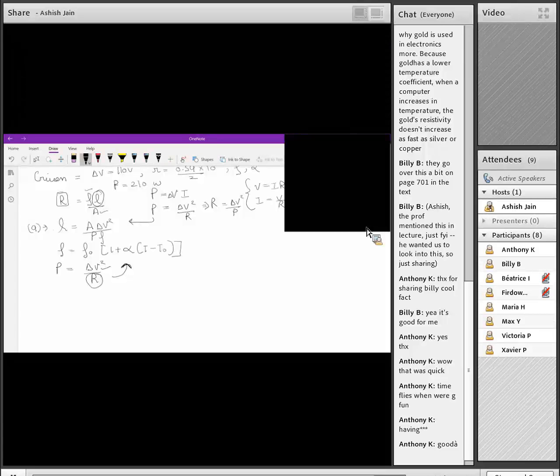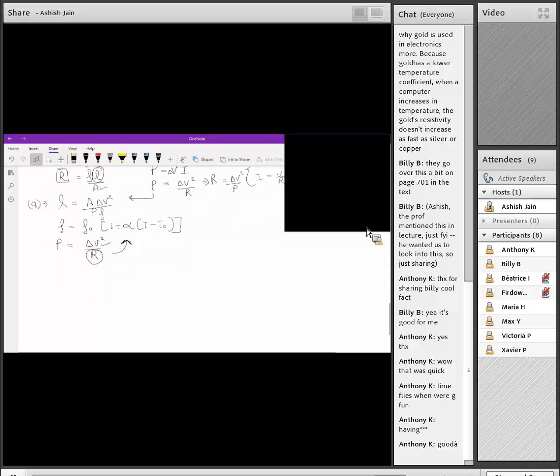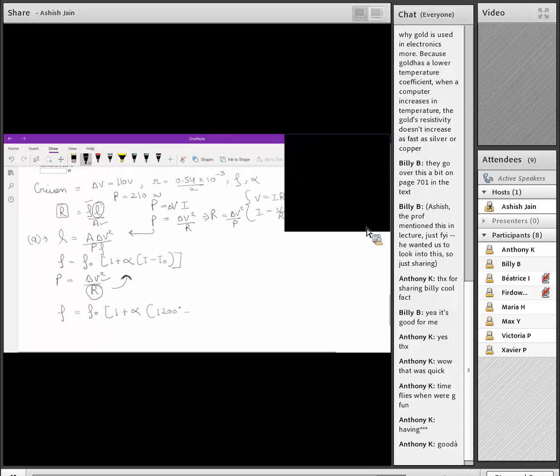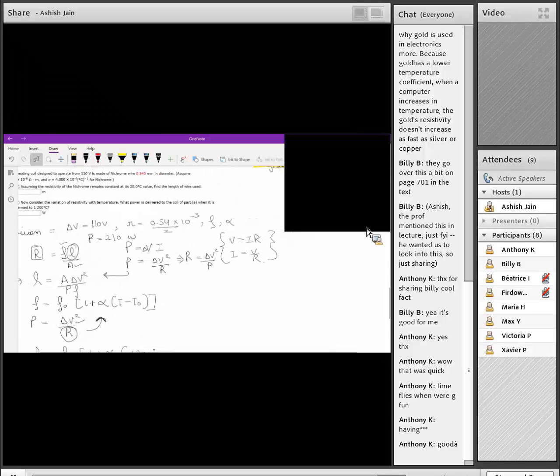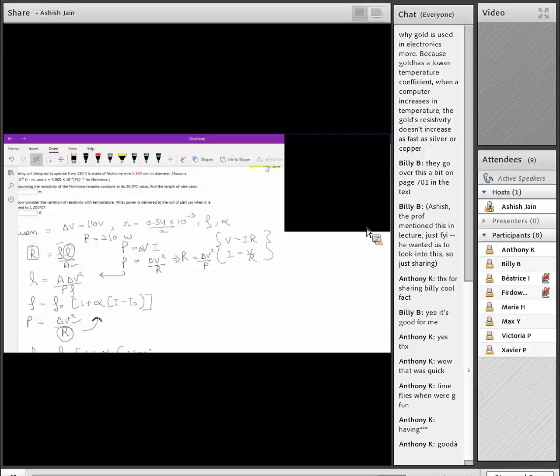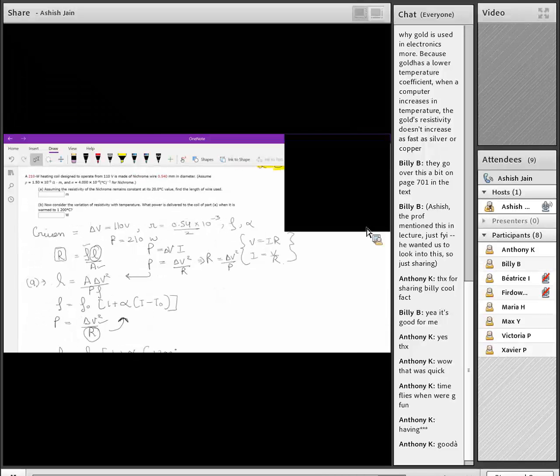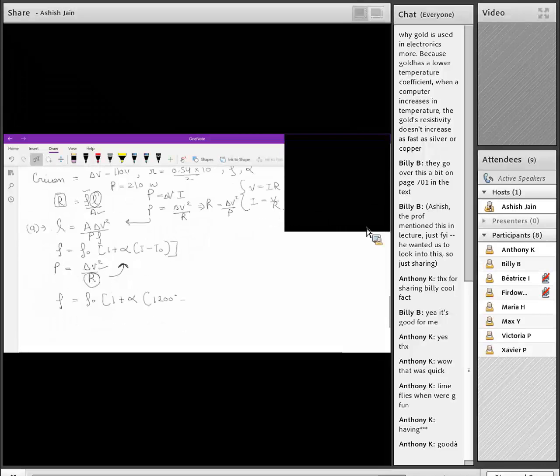So how do you do that? You just apply the formula. You can write it as rho naught. You have alpha given, you have 1200 degrees Celsius. T naught is given in the equation. Just a minute.